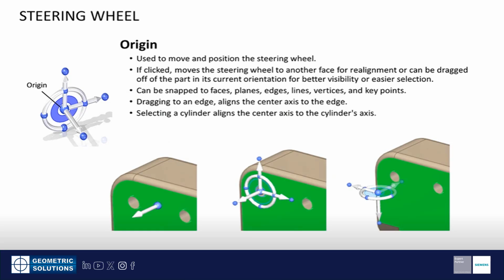You can easily click the origin and then click on the surface or feature you wish to move the steering wheel to, or you may click and drag to the desired location you want your steering wheel to be at. The tool can be snapped to edges, faces, planes, lines, vertices, and key points throughout your part or assemblies.